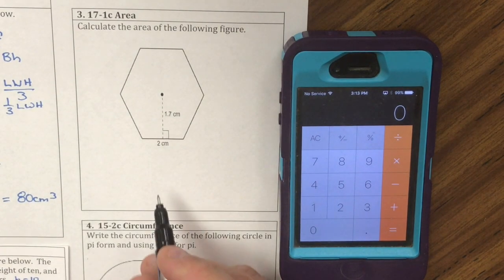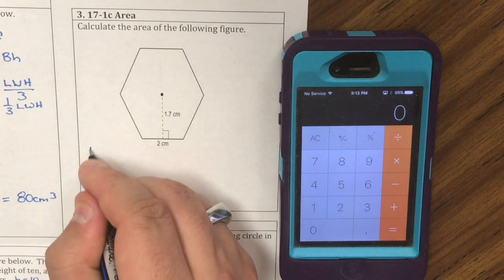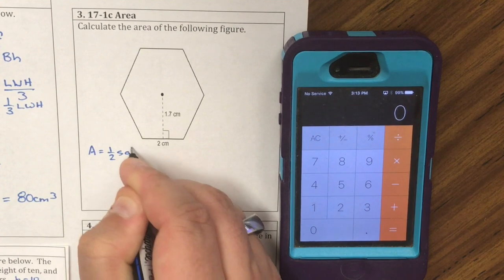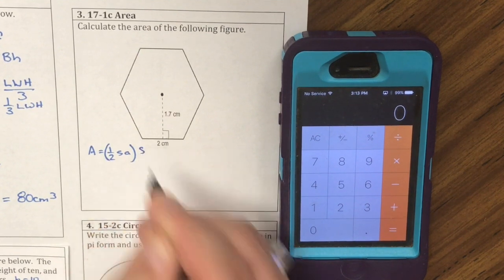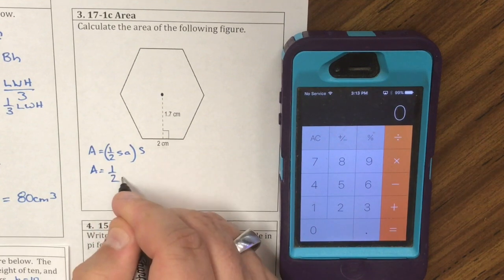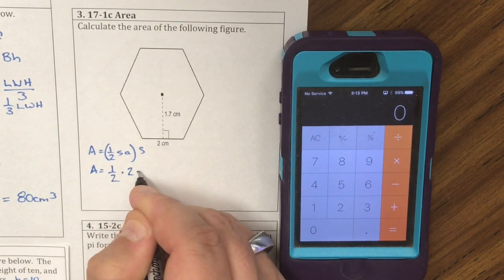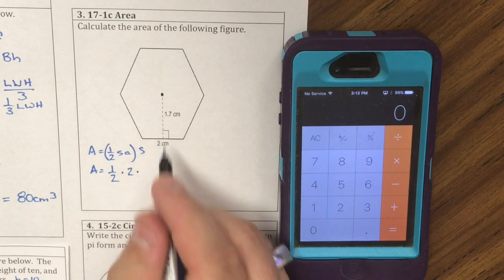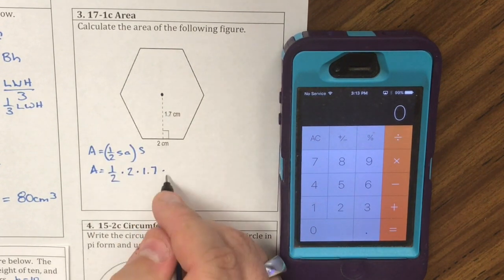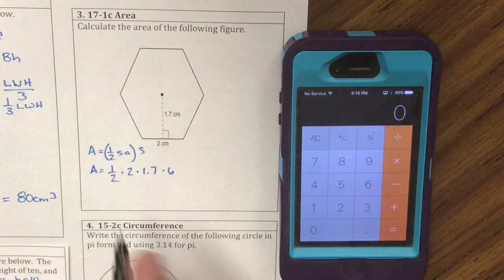Calculate the area of the following figure, just the area. Area equals 1/2 the side times the apothem times the number of sides. Area equals 1/2 the side, which is 2, times the apothem, which is 1.7, times 6, the number of sides.